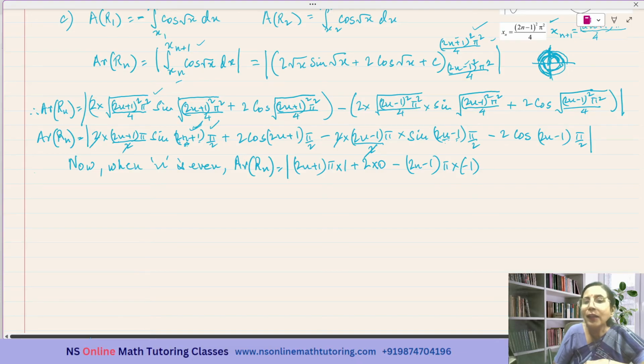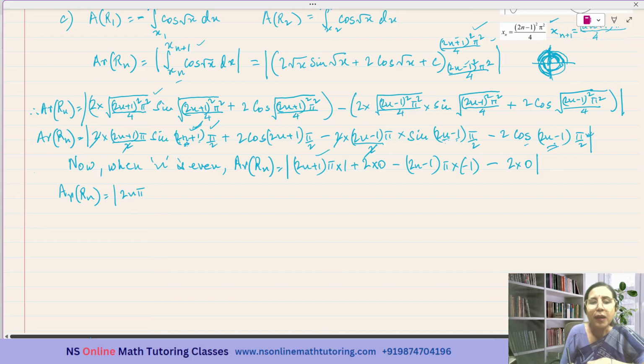And again, cos of odd multiple of pi over 2 is 0. So this is minus 2 times 0. Okay. So this one, I can write this as equal to, this is 2n pi.